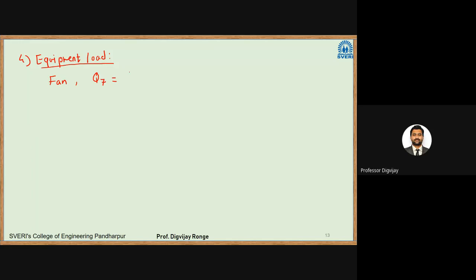So fan rating will be number of fans, then into time of their working, so how many hours per day they are working, into their wattage divided by 1000. So in this case, we have used 3 fans.